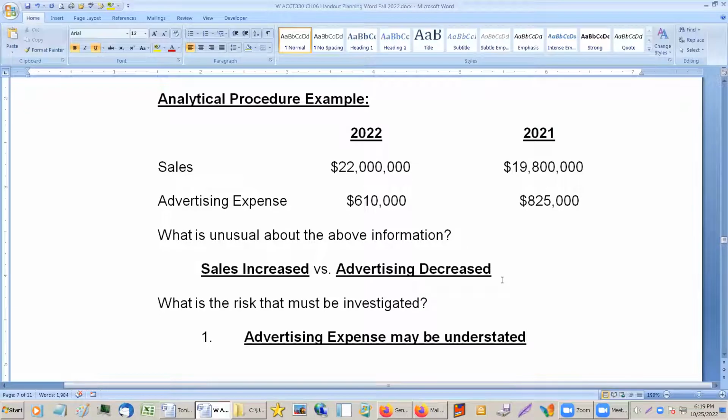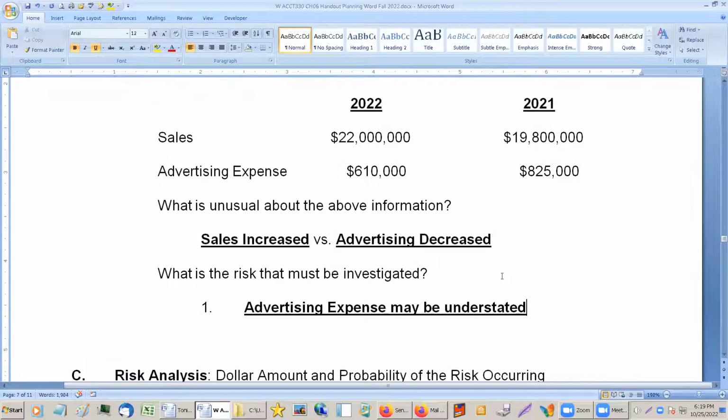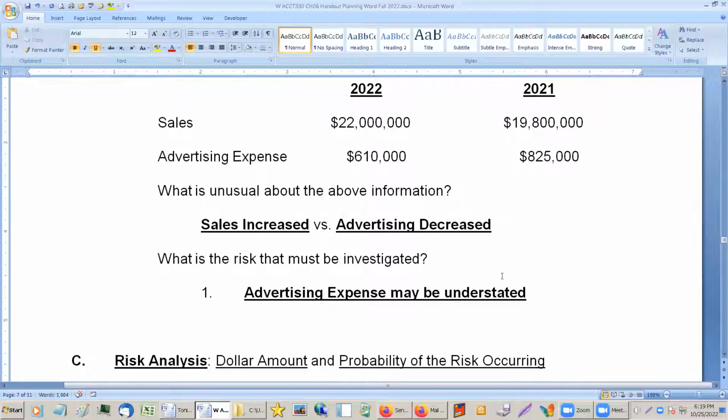But there is one other. What's the other account involved here? The sales? Yeah. So maybe the advertising is fine, but the sales are not. And it's possible that these are fictitious sales.